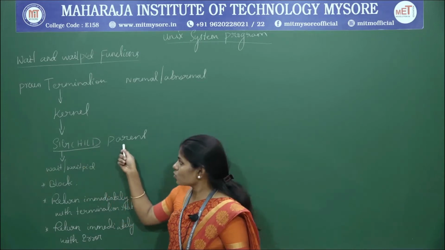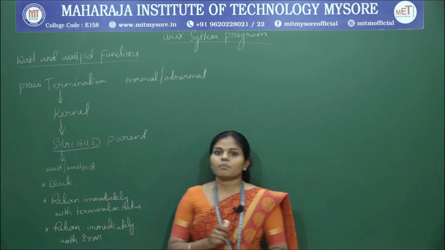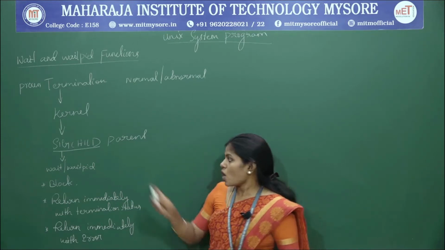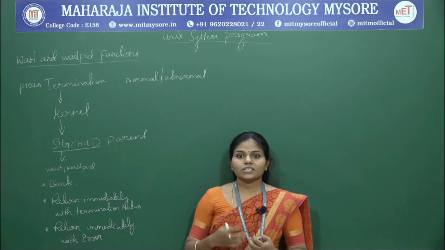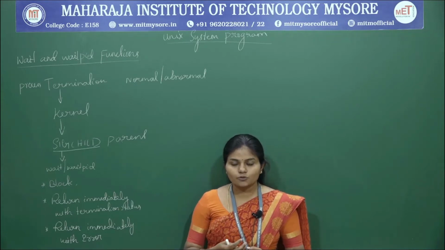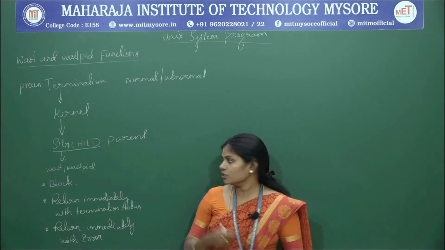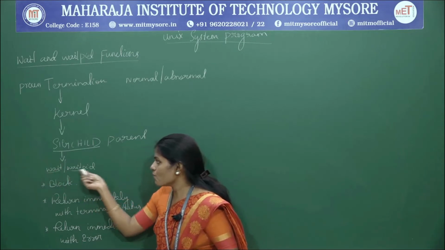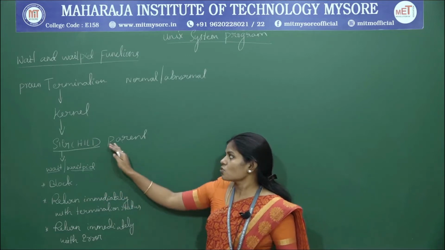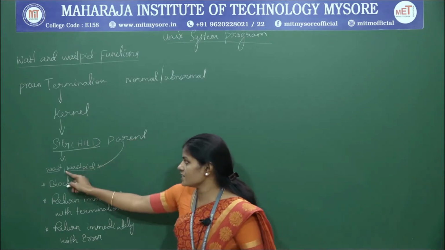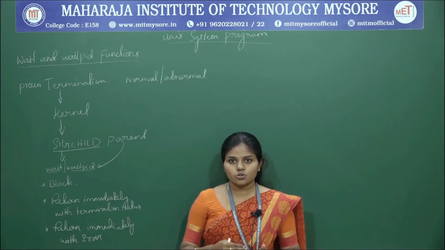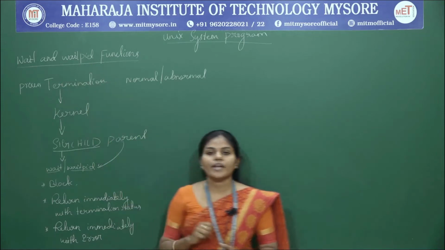When the parent gets this signal, the parent knows that the child has terminated. After that, to get the status of the child process, the parent is going to make use of two important functions: wait and waitpid, to get the status of the child. So this is one important use of wait and waitpid.